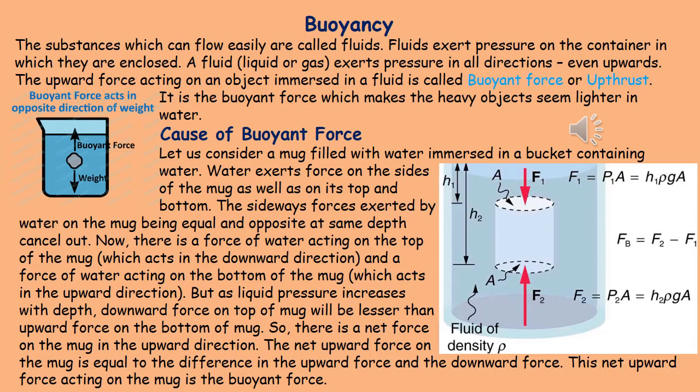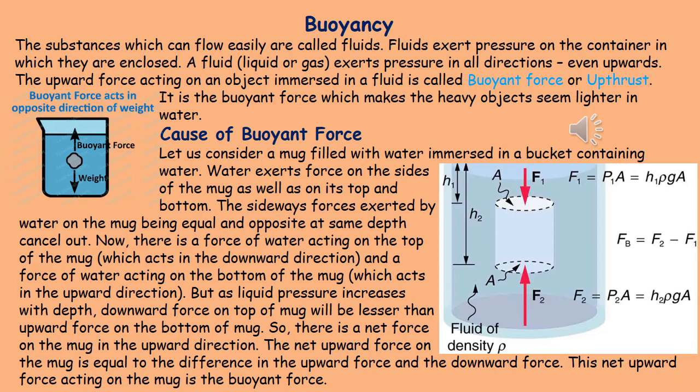And we can see from the diagram that h2 is greater than h1. So obviously h2 rho g A will be greater than h1 rho g A. That is, we can say that F2 is greater than F1.